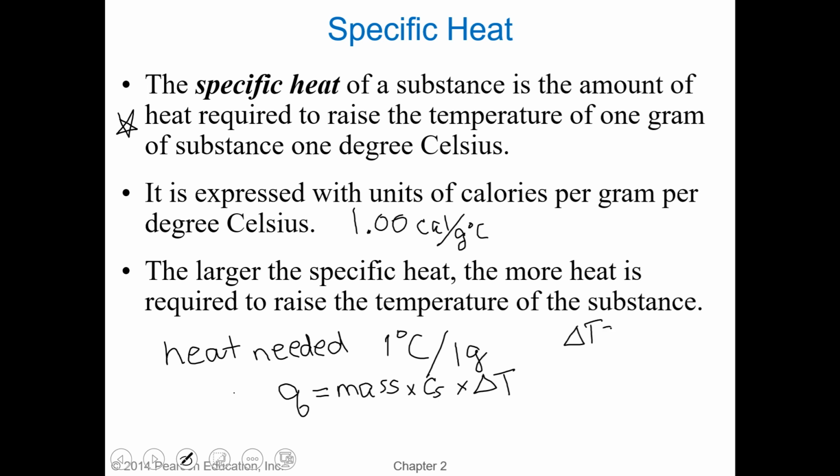Delta T is the final temperature minus the initial temperature, and it is always positive because we're just looking for the change. Now the other equation for heat you'll need is Q equals the mass times what we're going to call a heat value. We will just write this down, have it kind of in the back of your brain. We'll be talking about heat values in a later unit.